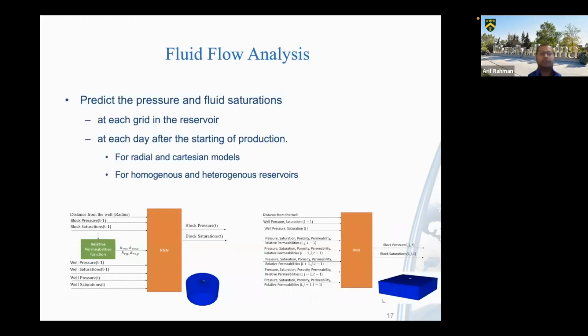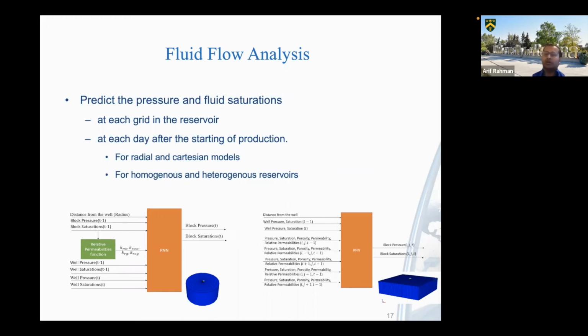Now, as we know, after the primary production, it is very important to know how much fluid is remaining in the reservoir and its location to perform the secondary and tertiary recovery techniques. One of the main purposes of performing the fluid flow analysis is to locate and quantify the remaining oil pools in the reservoir.